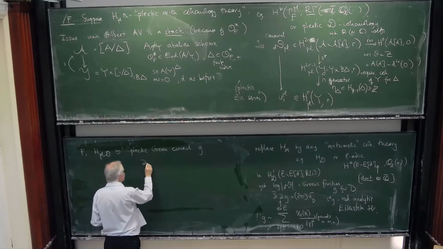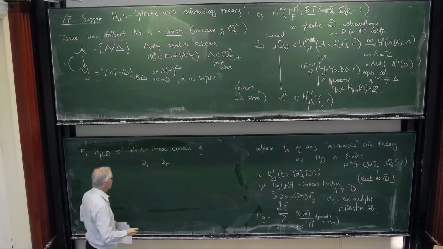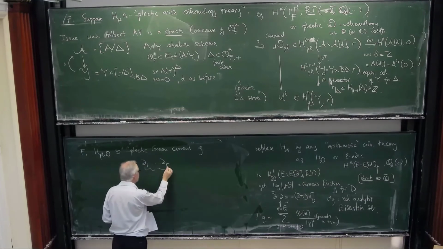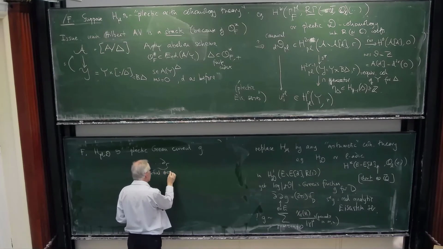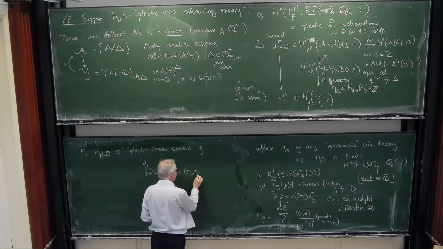We take the product of r holomorphic derivatives, the partial derivatives in the z_j direction.